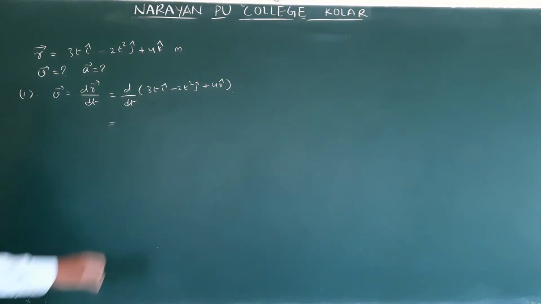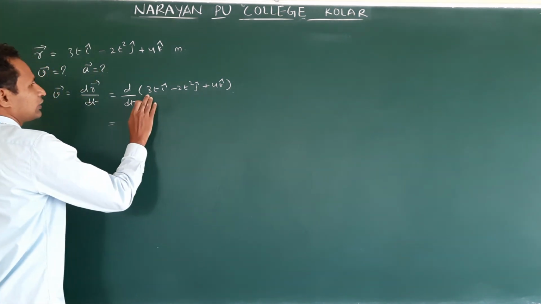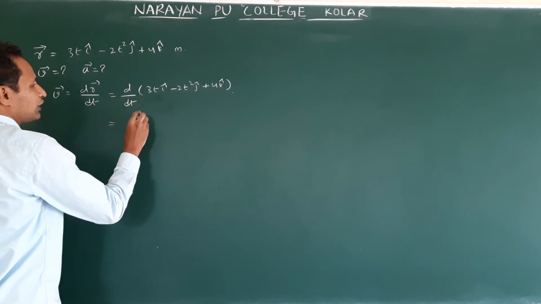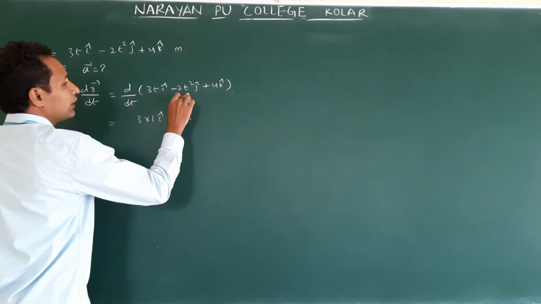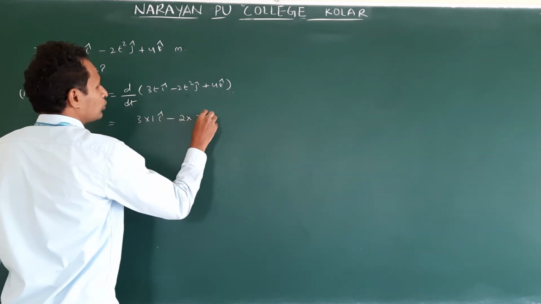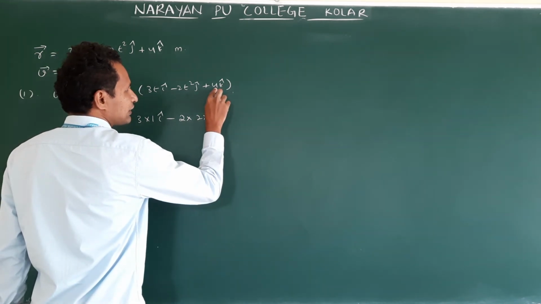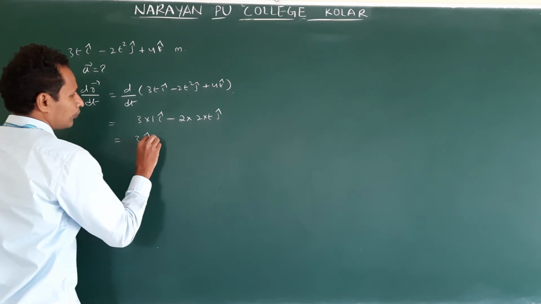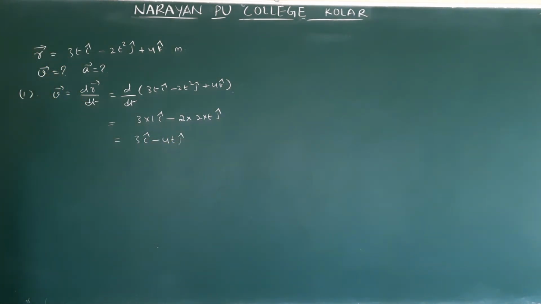Writing again every time is not good, so do it directly. 3 dt by dt: differentiation of t with respect to t is 1. So 3 into 1 i cap, minus 2 into the differentiation of t square, 2t, j cap, plus 4 is a constant, whose differentiation is 0. So this is 3 i cap minus 4t j cap. Understand?